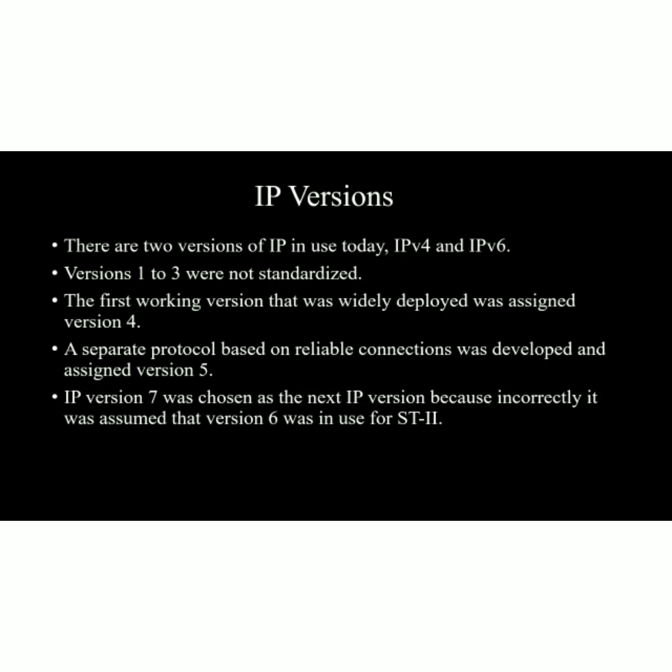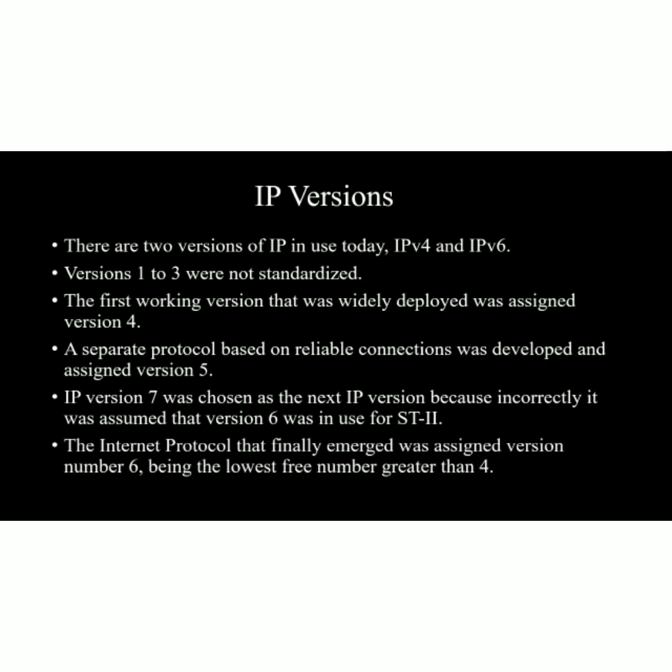When it became apparent in the early 90s of the previous century that IPv4 could not sustain routing in the growing internet, several new protocols were proposed. The Internet Protocol that finally emerged was assigned version number 6, being the lowest free number greater than 4.